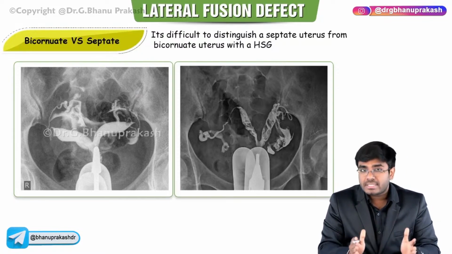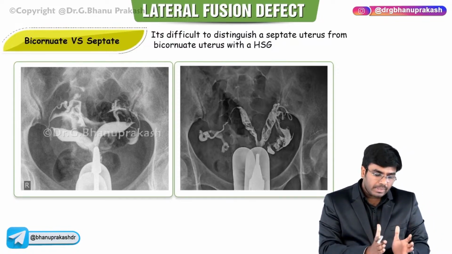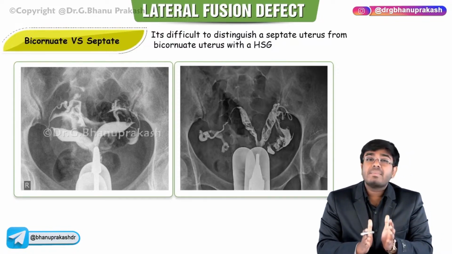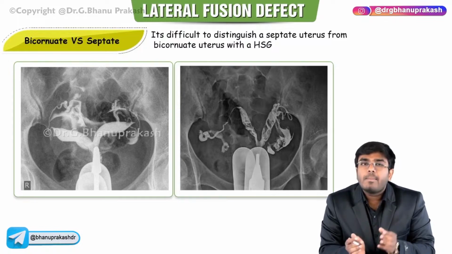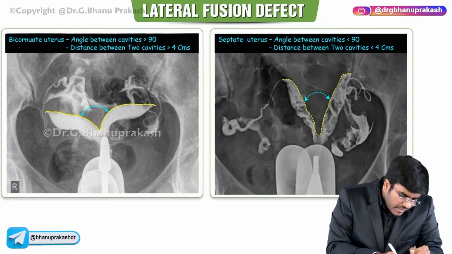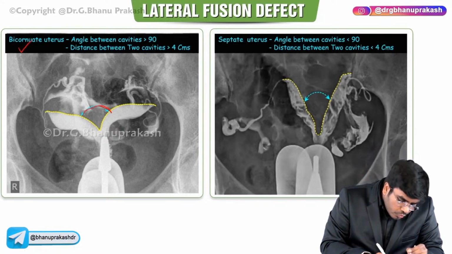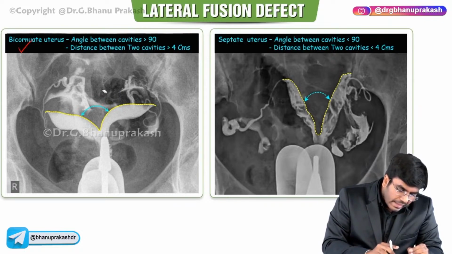See, I cannot say 100%, but I can at least think that this might be a bicornuate uterus and this might be a septate uterus by following certain rules. What are they? Please concentrate. If it is a bicornuate uterus, the angle between the two uterine horns will be more than 90 degrees.